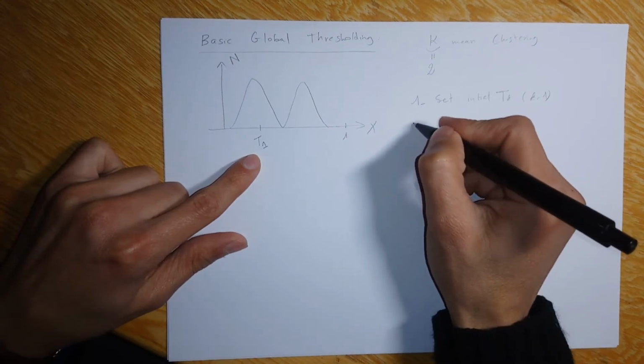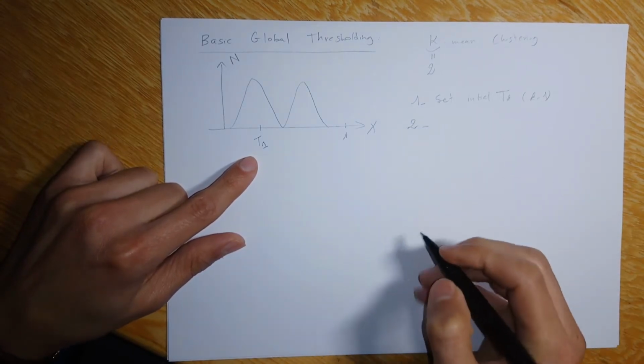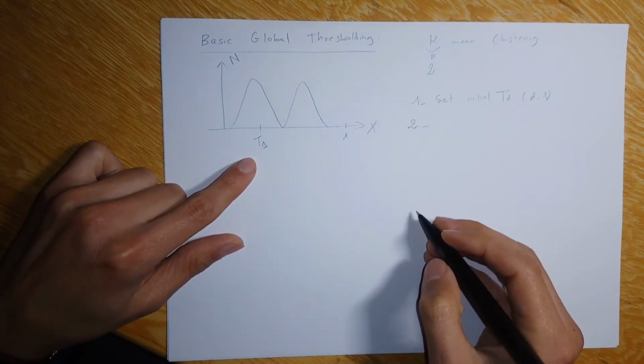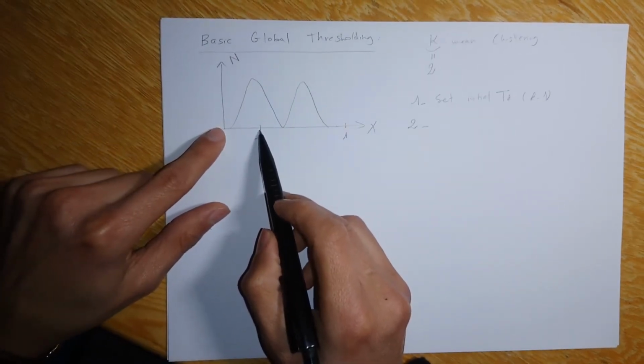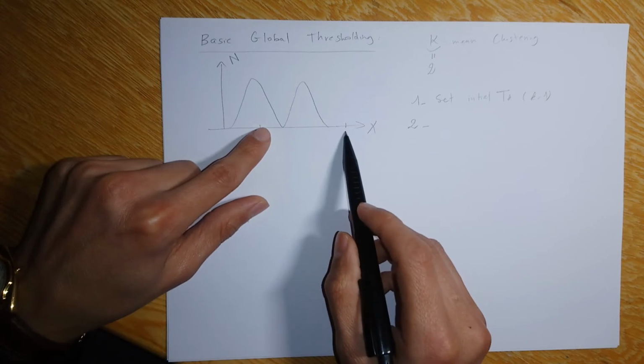Okay, so the second step is to calculate the means. I'm going to calculate two means. The first mean is of this region, and the second is the mean of this region.